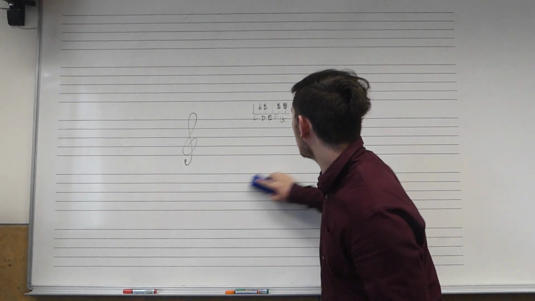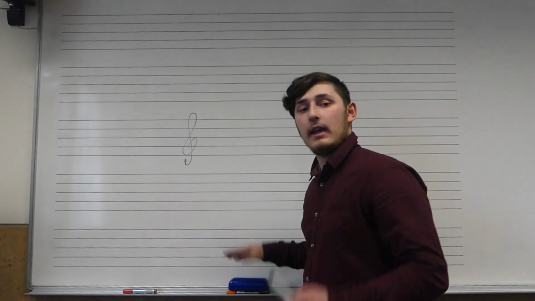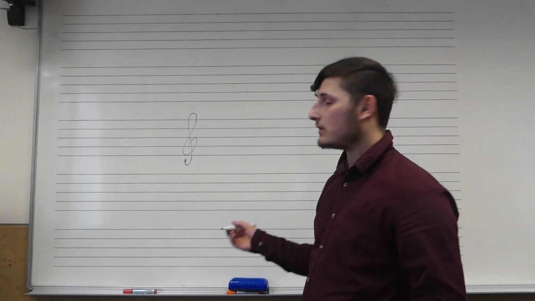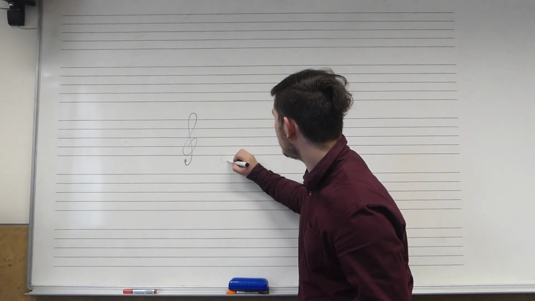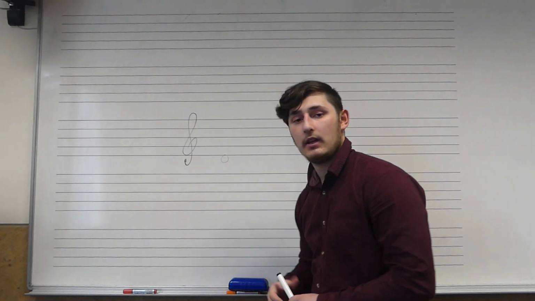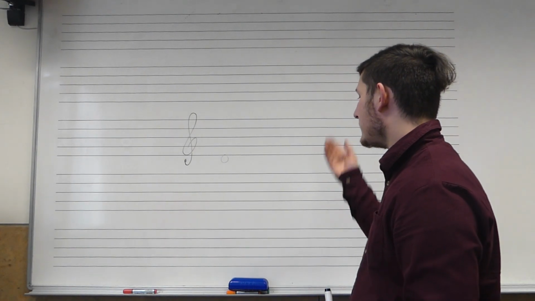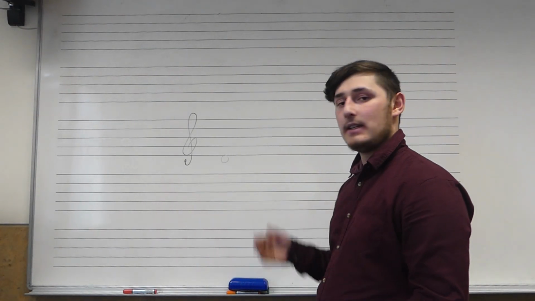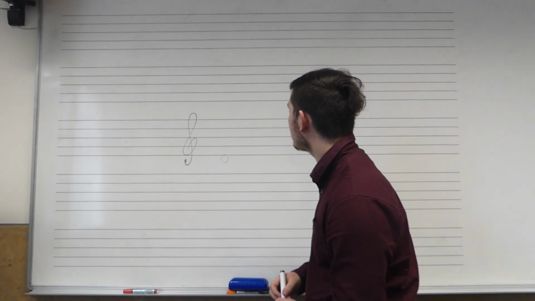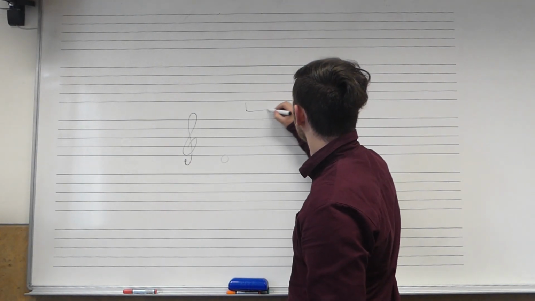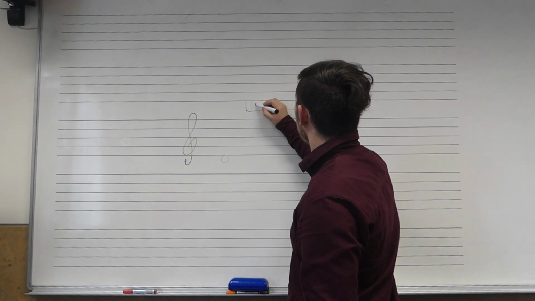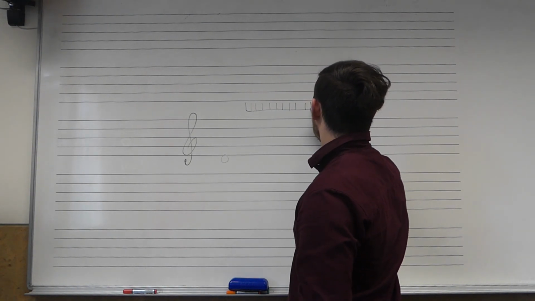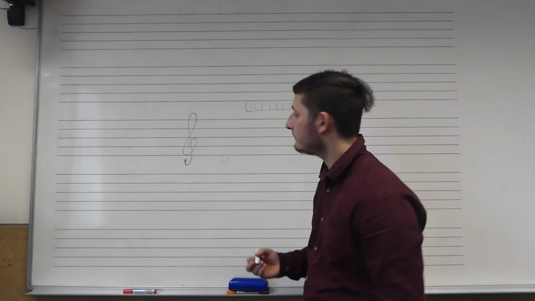Now let's look at another scale. So for example, let's look at D. Now we're trying to identify the sharps or flats that D has. So I'm going to draw up a mini piano, of which you can do in the final exam.